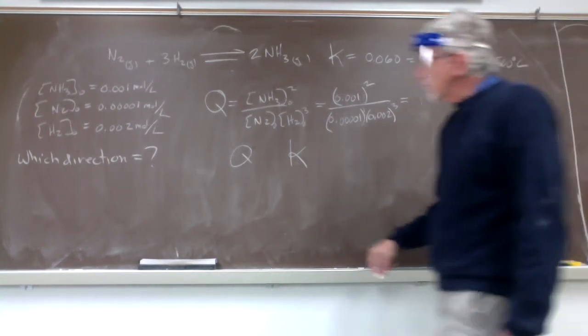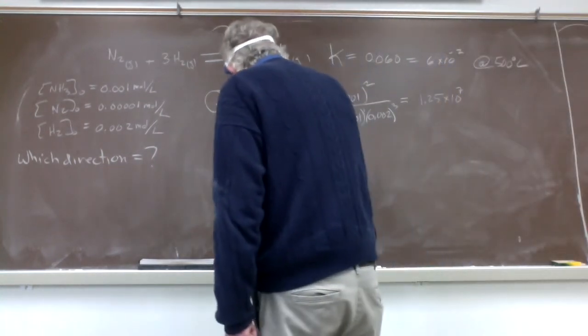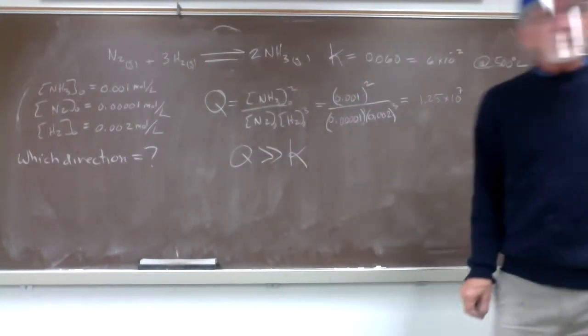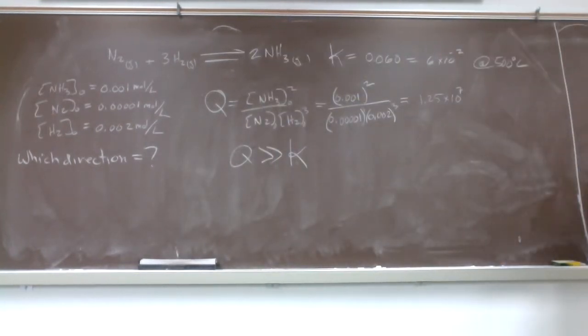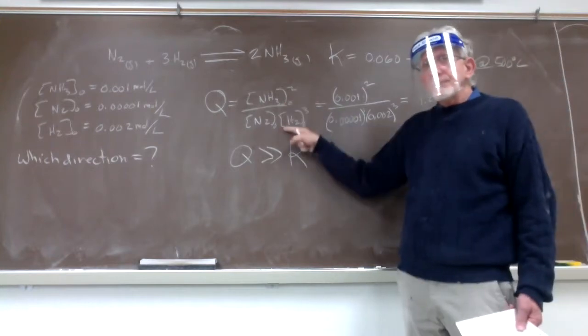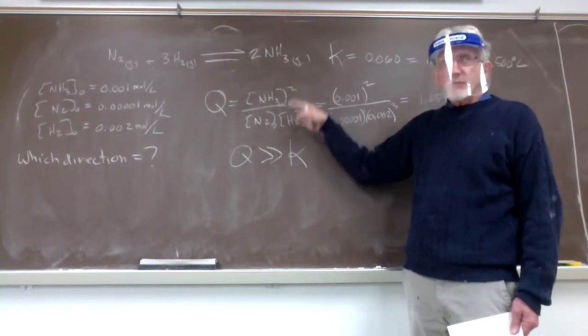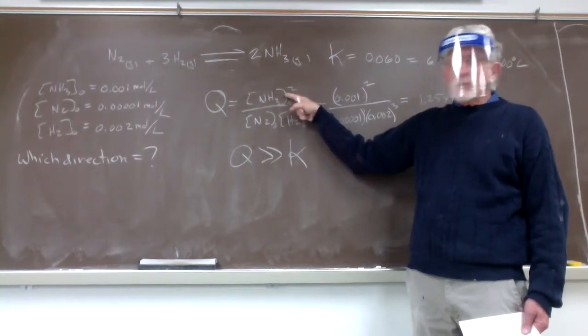So Q is much greater than the equilibrium constant, meaning we have too much of what in our reaction system? Product. Okay. Product over reactants, we have too much product. Q is way too big.